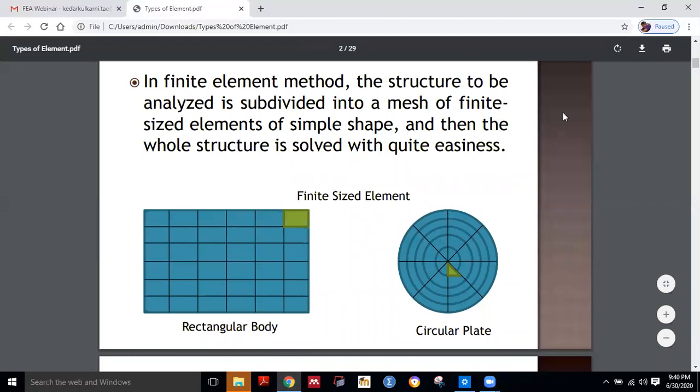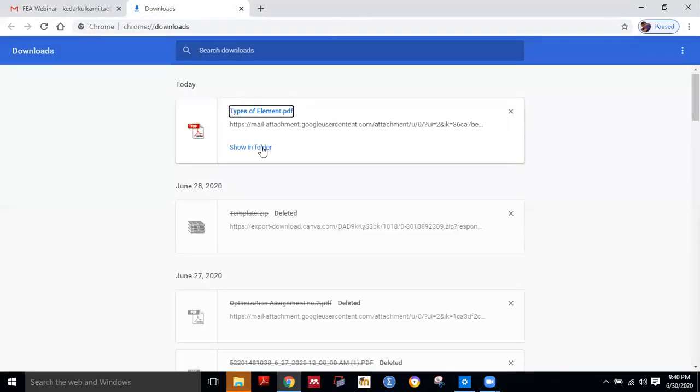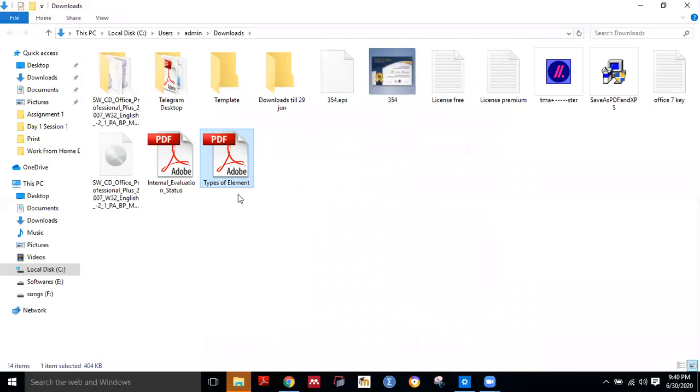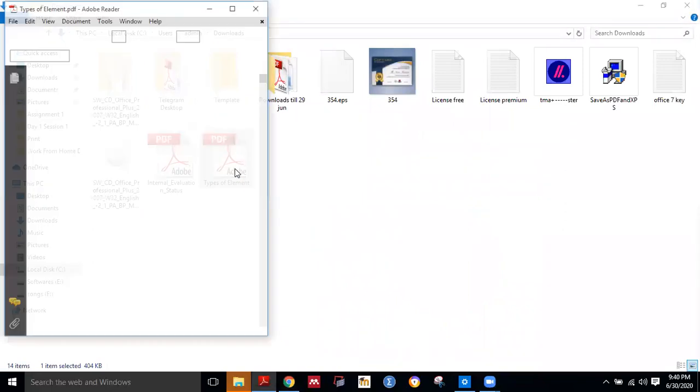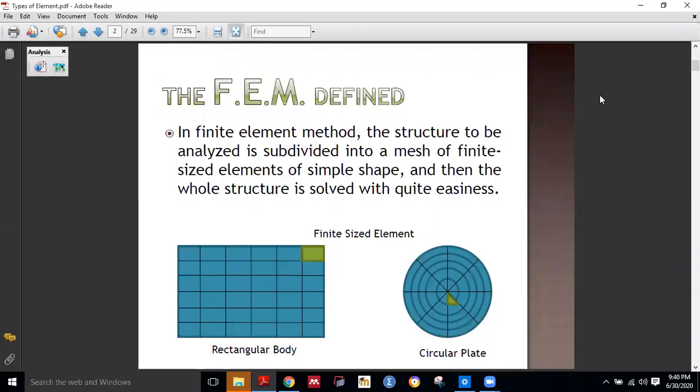Let me open the actual PDF which I wanted to open on the link itself. Okay, now I can show better in this.